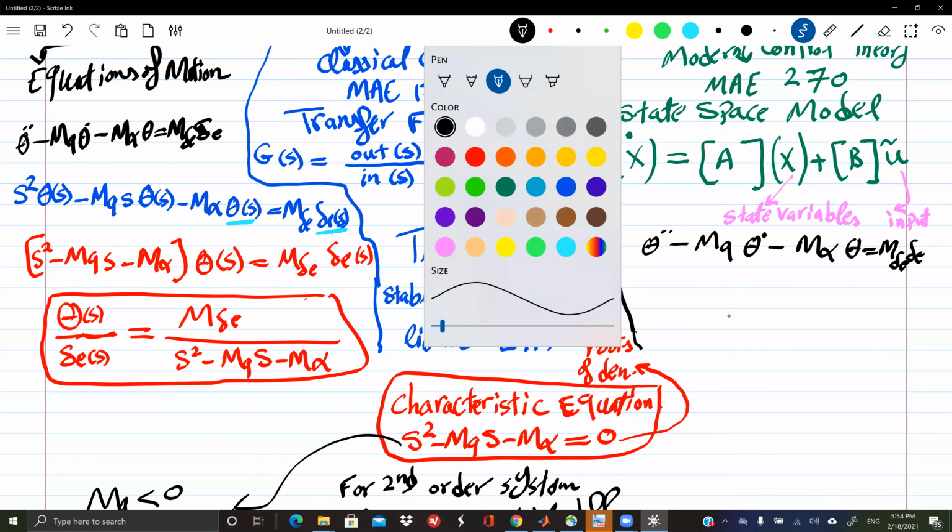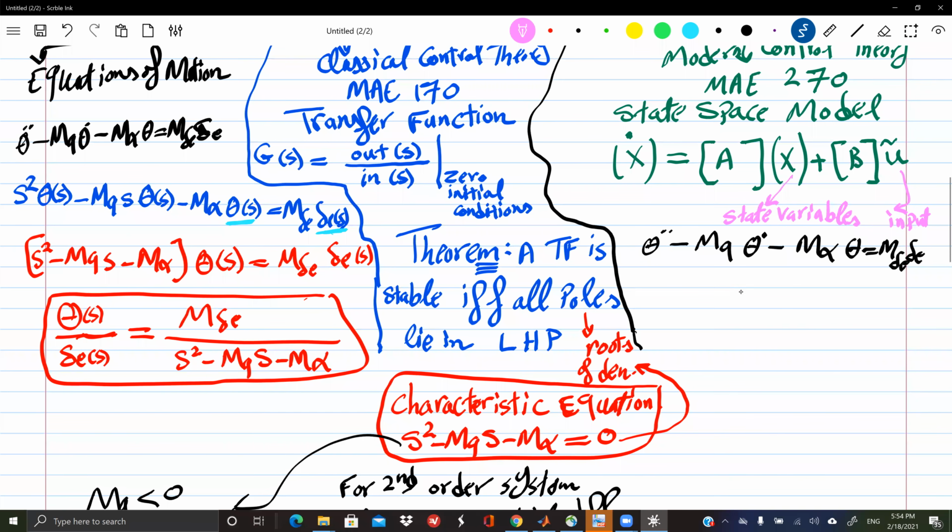That's easy because, like I said, my x's are really the variables that are differentiated. What do I mean? If you have theta dot in front of your eyes, theta is differentiated. So my first state is theta. That's fine. What else? Anything else differentiated? Yeah, I have theta double dot, which means that theta dot is differentiated. So my second state is actually theta dot, or it's q.